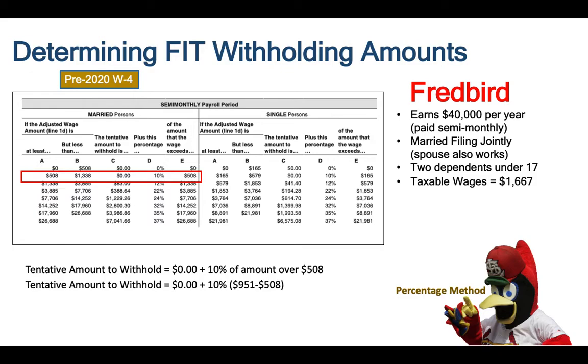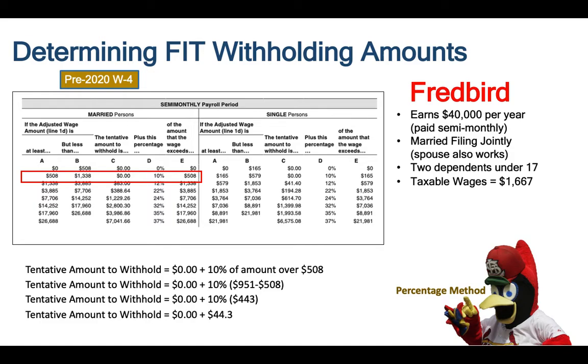And so for our scenario here, we have 0 plus 10% times the amount over 508, which is 951 minus 508. And so we find that our amount is 0 plus 10% of 443. 443 is the amount over 508. And so we find here, based on this, that our tentative withholding amount is $44.30, or 44.3.